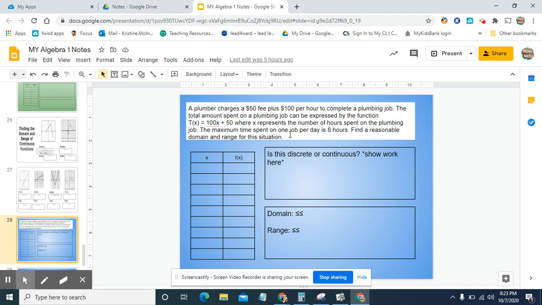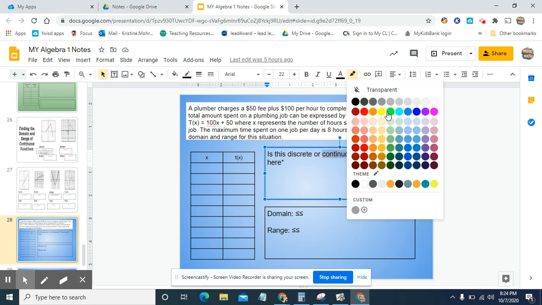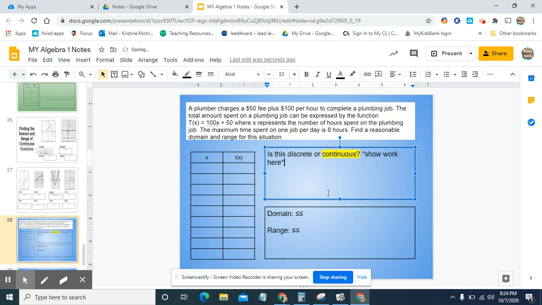Well, we just talked about how anything usually dealing with hours can be a continuous example. What I'm going to do first is highlight continuous so I don't have to rewrite it all. Let's highlight it yellow so it stands out. So it is continuous. And we're going to fill in the table to help us visualize this.